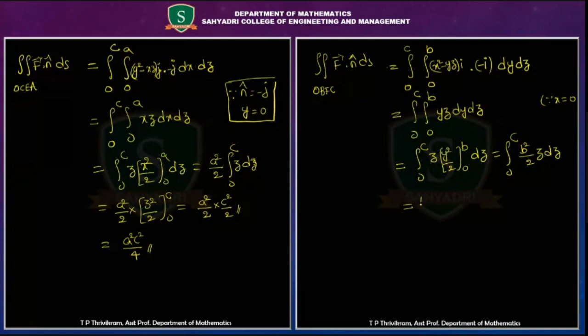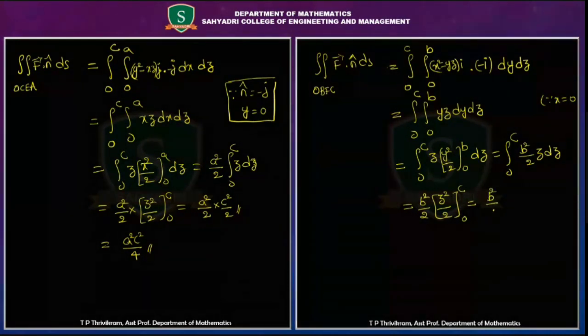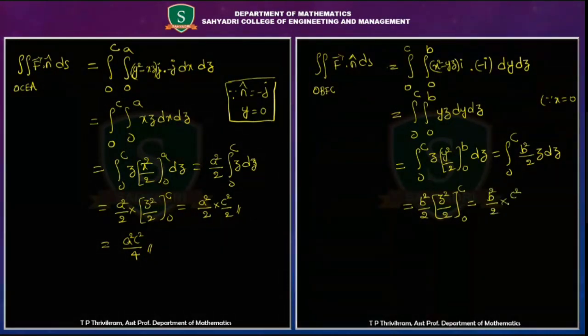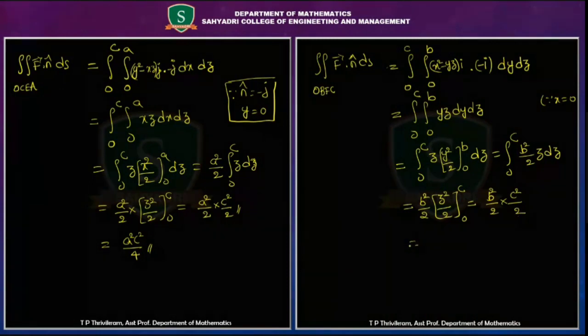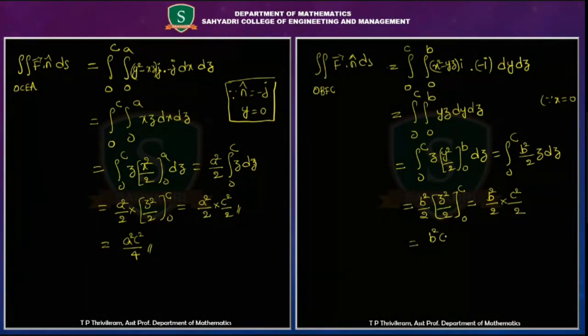So this one is equal to b square by 2, you will get z square by 2. Limits are from 0 to c here, b square by 2 into c square by 2 will get. So the answer is b square c square by 2. So this is the integral for OBFC, f dot n cap ds.